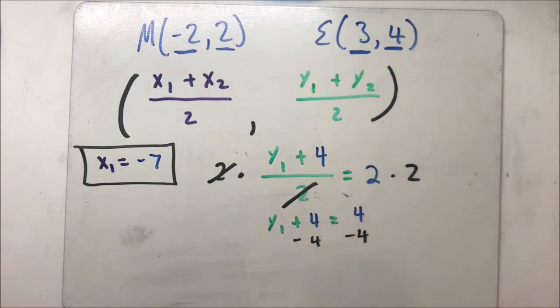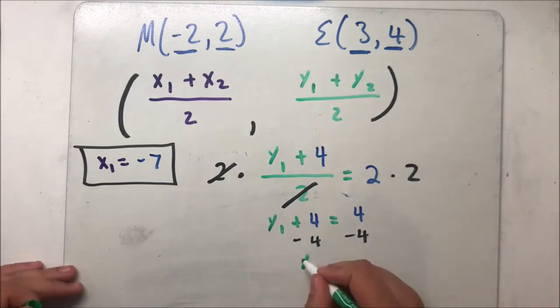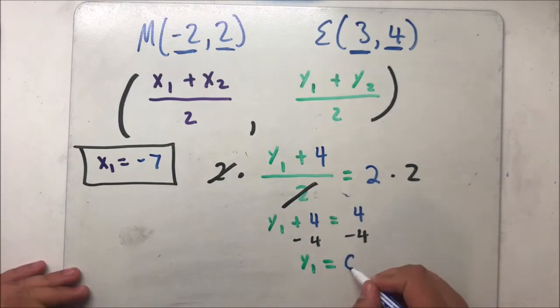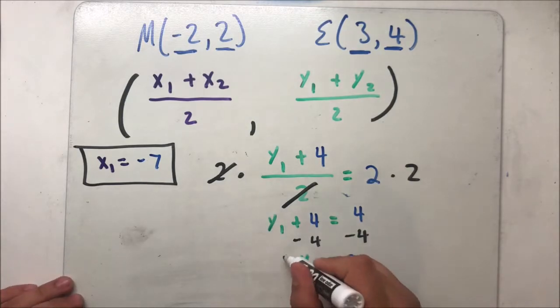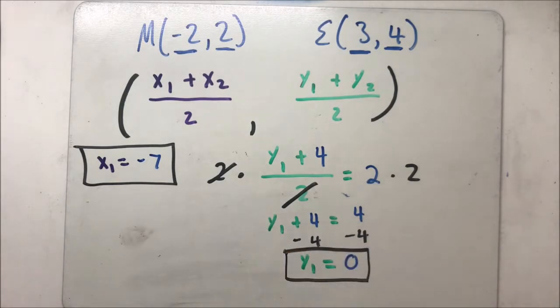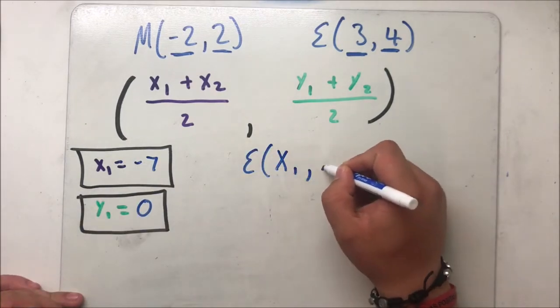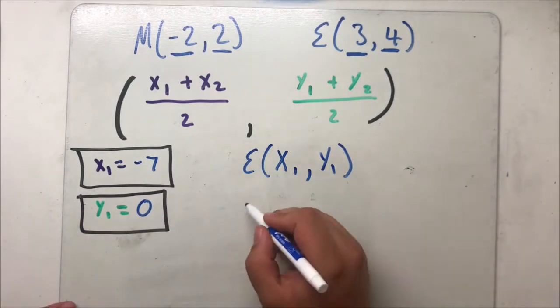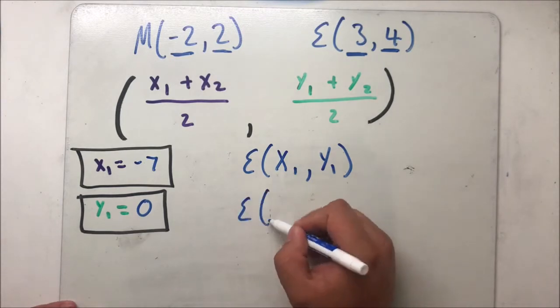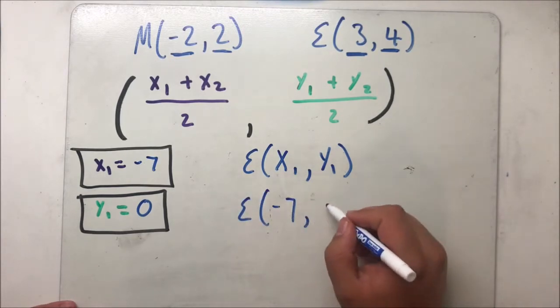After that, you subtract 4 from both sides, and you're left with y1 equals 0. So our final answer should be (-7, 0).